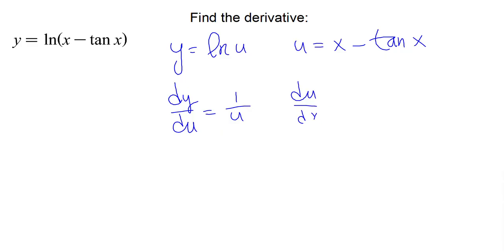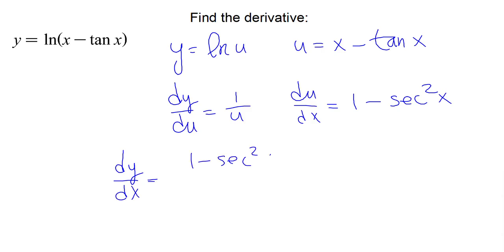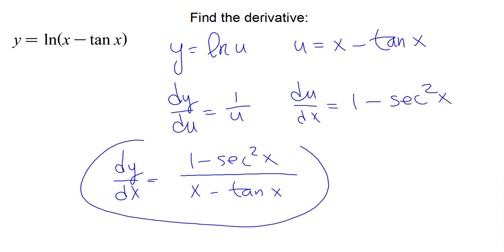And du dx will be 1 minus secant squared of x. So when we write this out to find dy dx, we'll have 1 minus secant squared x in the numerator, and in the denominator, we will have our original u, which was x minus the tangent of x. And that should be it.